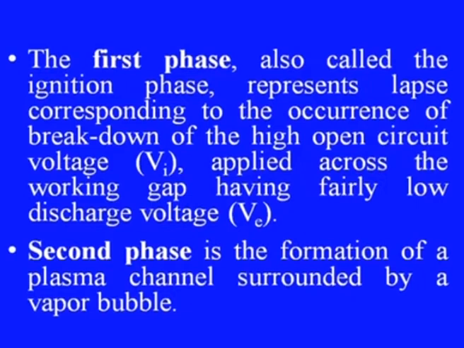In the second phase, the formation of a plasma channel takes place, and this is surrounded by the vapor bubble. I have indicated how the vapor bubbles are produced in that working zone, in the dielectric, in that sparking zone.